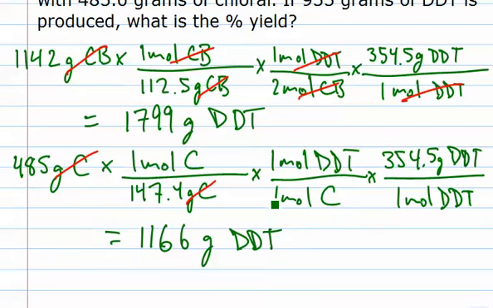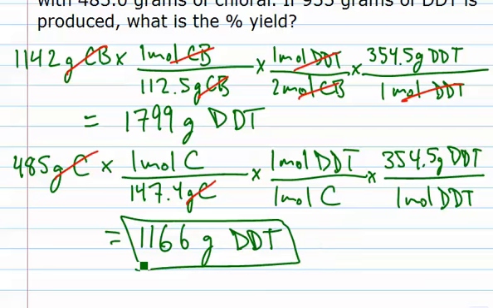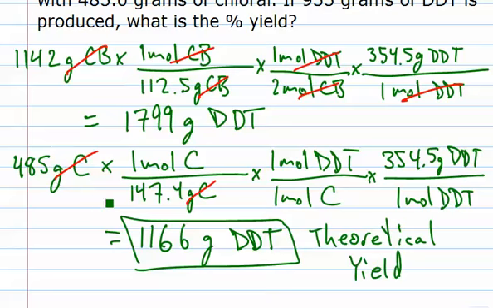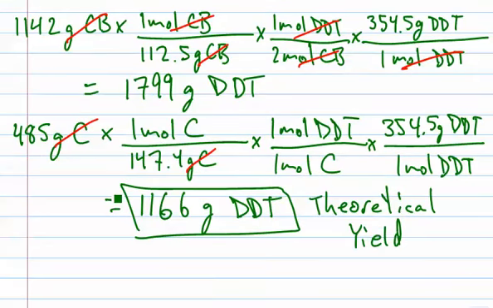So now comparing these two values, we have almost 1,800 here and less than 1,200 here, telling us that the chloral is our limiting reactant, and this is my theoretical yield. Okay. If I use up all of my chloral, I can get a maximum of 1166 grams. So in order to react all of my chlorobenzene, I would need to be reacting much more of this chloral. So this is my theoretical yield.